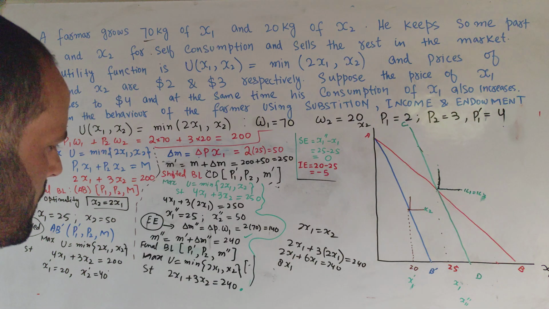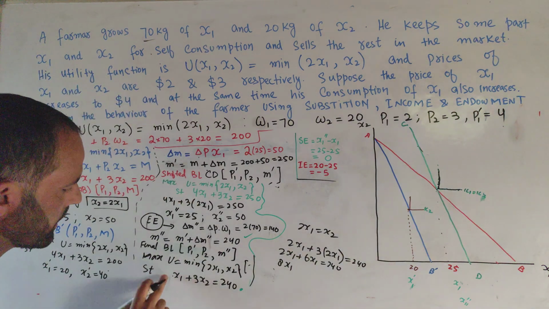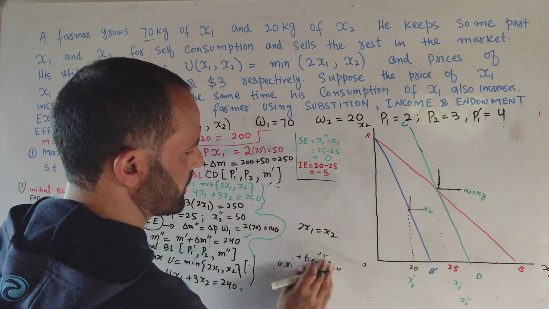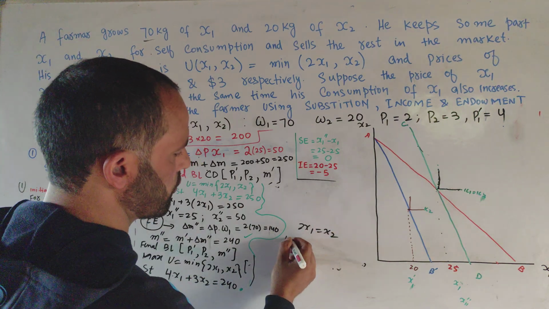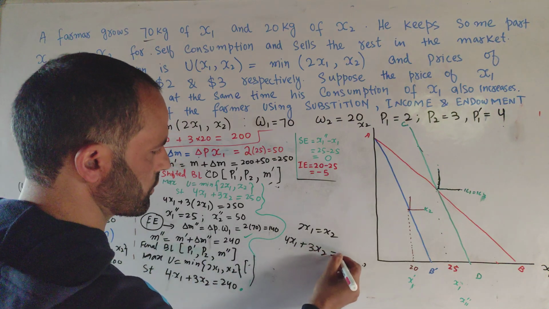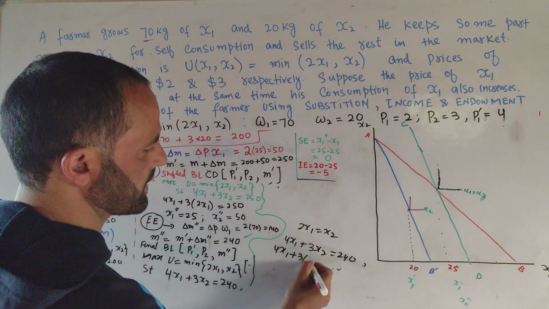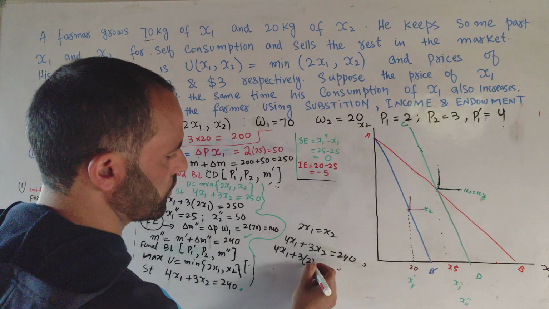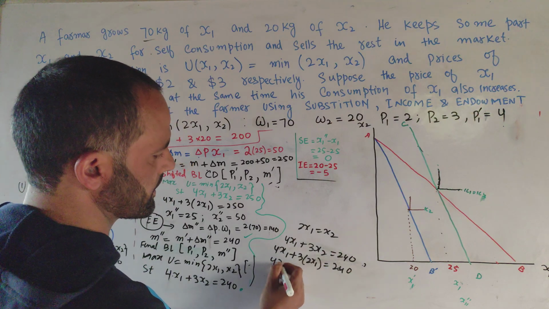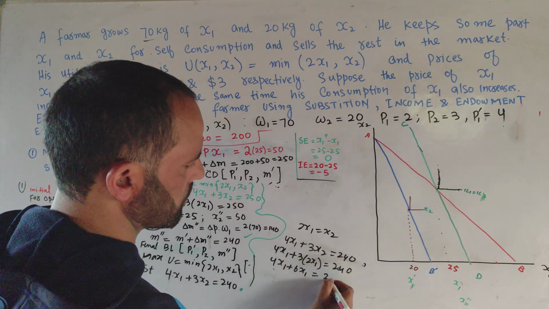Am I doing it correctly or not? No, it will be. Income has changed. Income is 4. Okay, income has changed. So we have 4x1 plus 3x2 is equal to 240. So plug 4x1 plus 3 in place of x2 we have 2x1 is equal to 240. So 4x1 plus 6x1 is equal to 240.